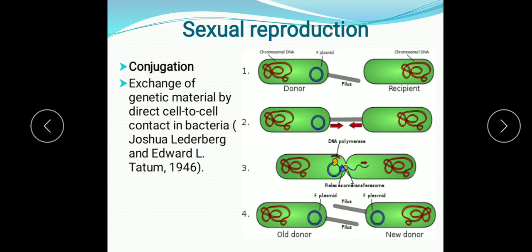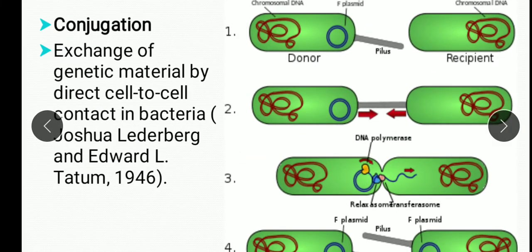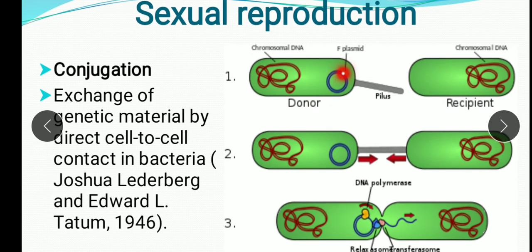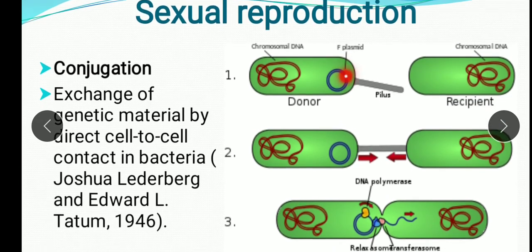So let me understand how does it take place. So here the plasmid F is involved, plasmid F for fertility. So here plasmid is involved in the transfer of the genetic material, and the bacteria which contain this F plasmid, they are known as the F positive bacteria. Understood?